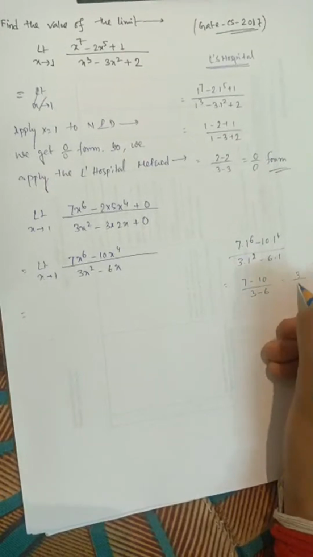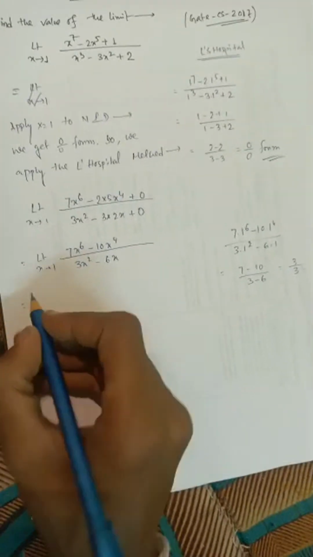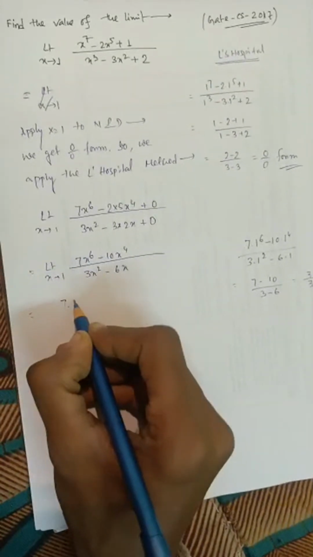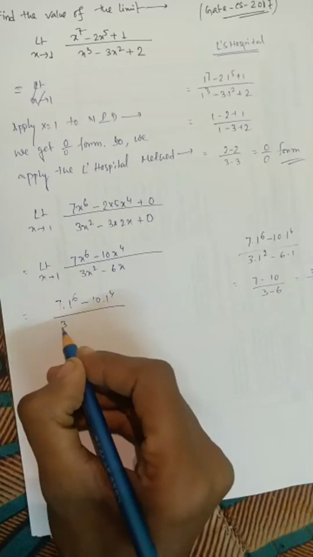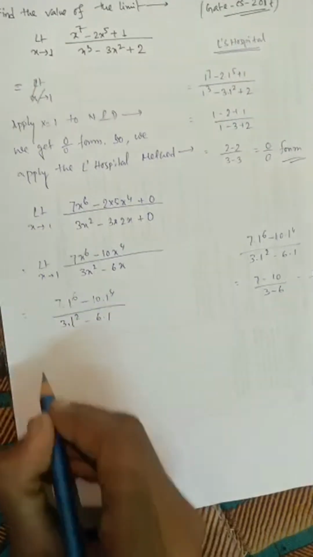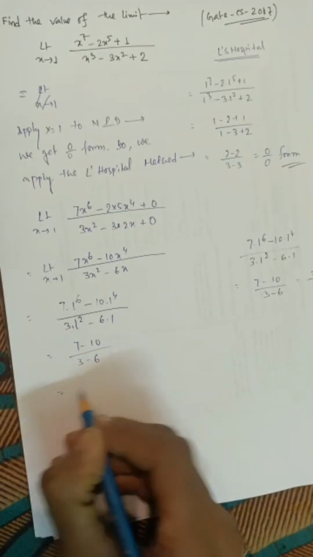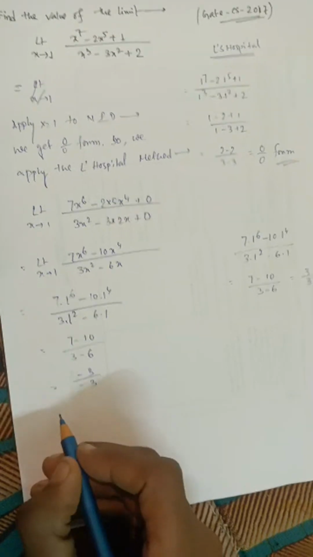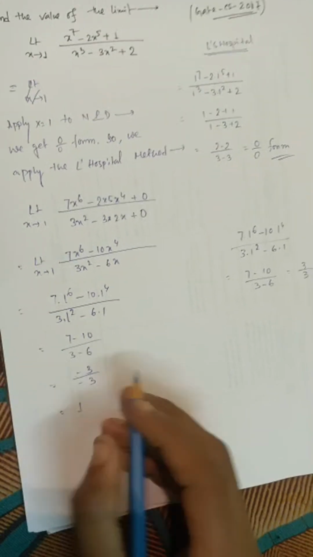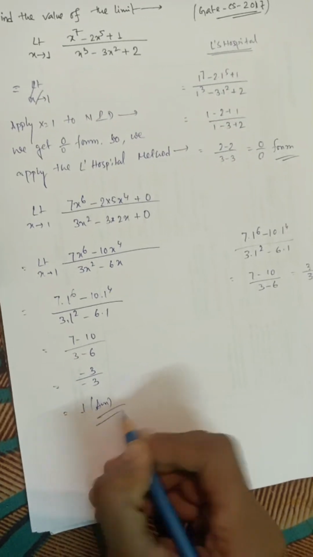That is minus 3 upon minus 3, not 0 by 0 form. So we get 1 as the correct answer. The correct answer of this question is one.